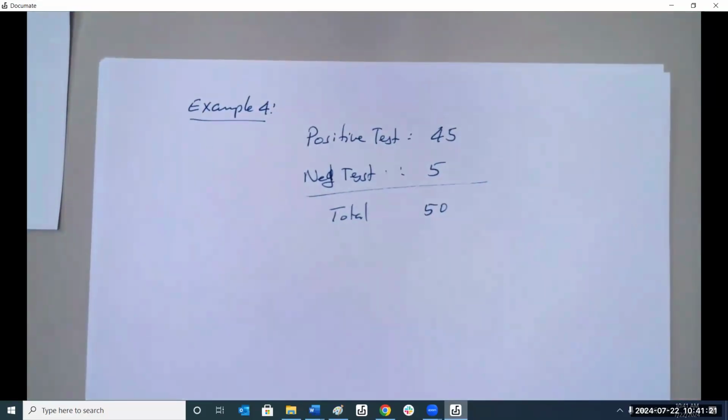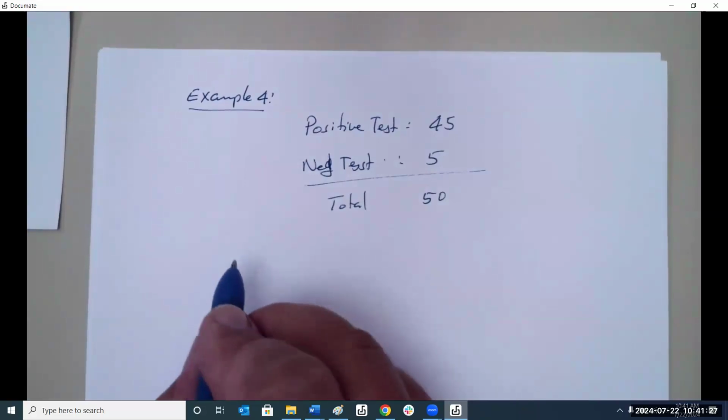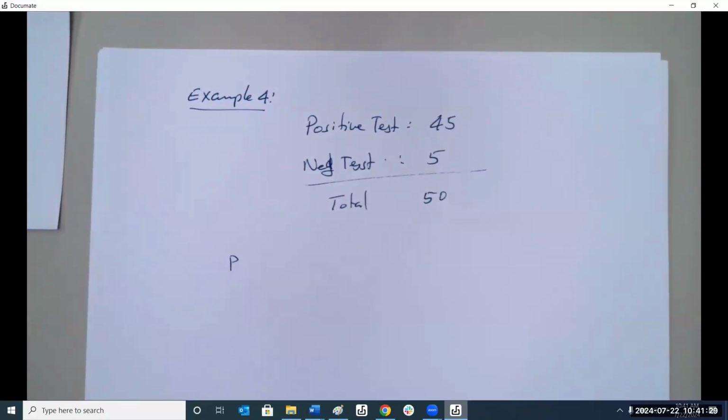So we had 50 people in total. So let's look at what this is going to be asking. If 2 of the 50 subjects who used drugs were randomly selected with replacement, find the probability that the first selected person had a positive test result and the second selected person had a negative test result.